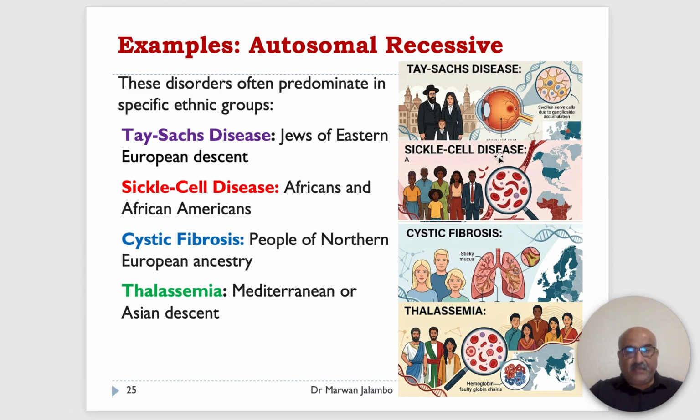Sickle cell anemia is predominantly found in individuals of African descent. Cystic fibrosis is most common in those of Northern European ancestry, and thalassemia in the Mediterranean, Arab countries, or Asian populations. Public health focuses heavily on these demographics for screening.